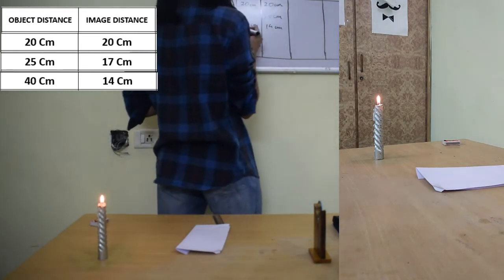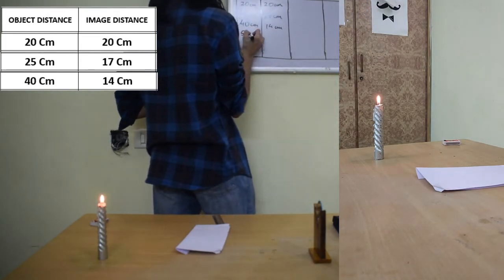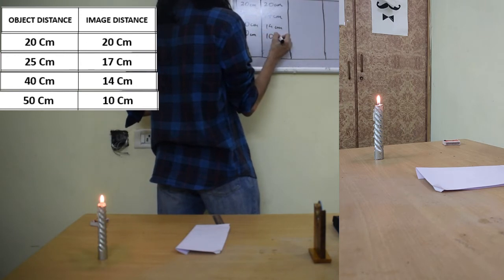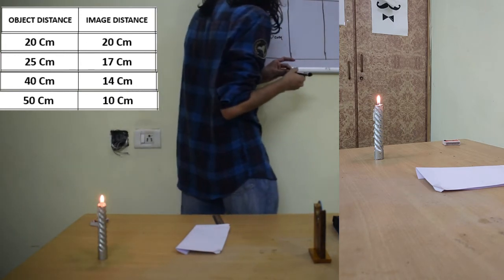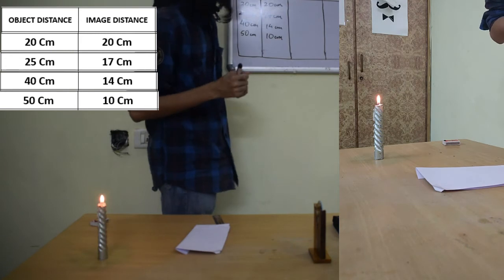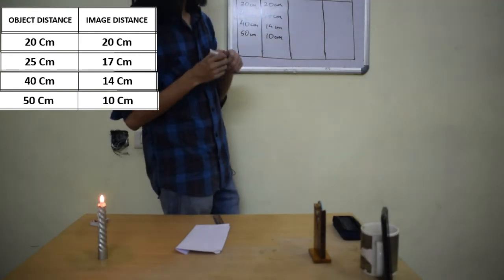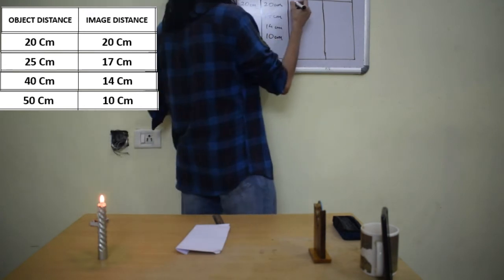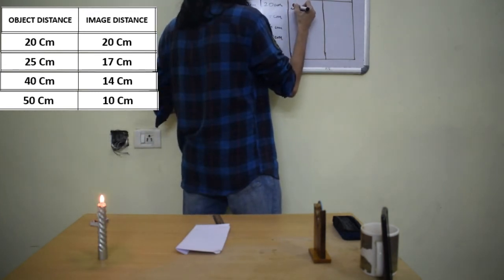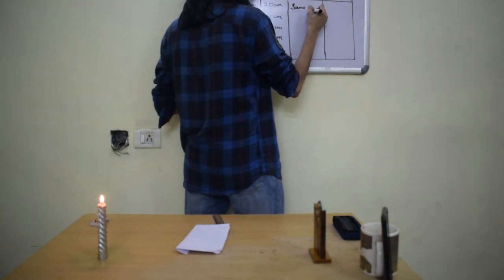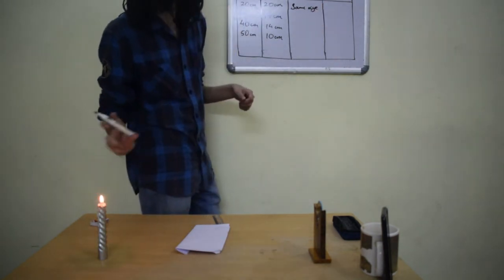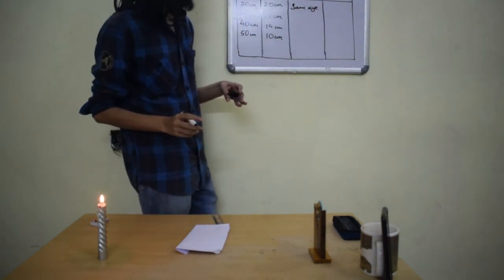So right now, if I put it at 50 centimeters, the image is roughly at a 10 centimeter distance. Great. So over here, when it was at 20, I recall that I had an image the same size as my flame, right?